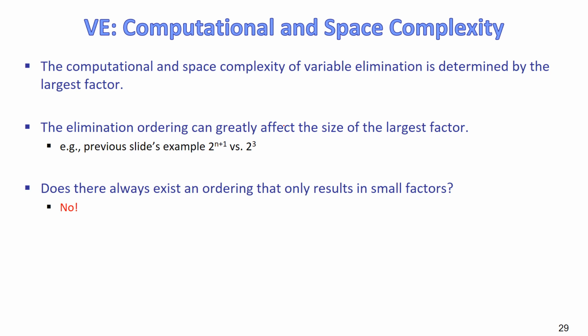It's an NP-hard problem. So what is sufficient now is not to get the efficient one, but knowing that the order will matter. There might be some heuristics that you can use to get a better order, but there is no optimal way to get that order. And sometimes there is no such order that will always give you small factors. That depends, of course, on the structure of the network.